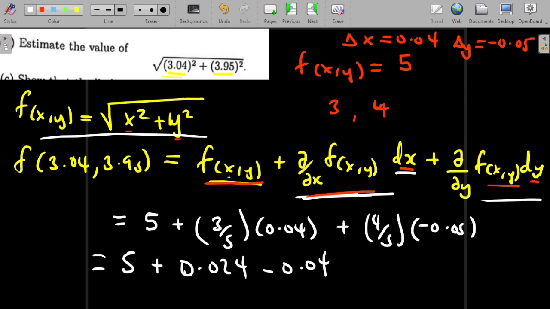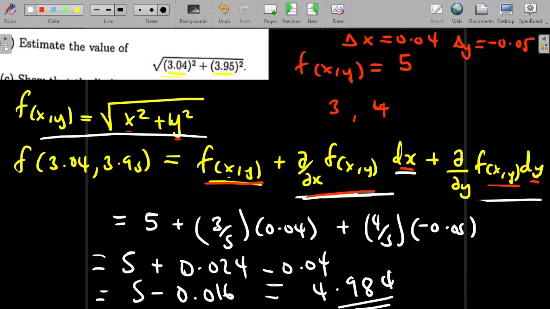Then I can subtract those, so I get 0.024 minus 0.04, and that gives me 5 minus 0.016, and my final answer is then going to be 4.984.